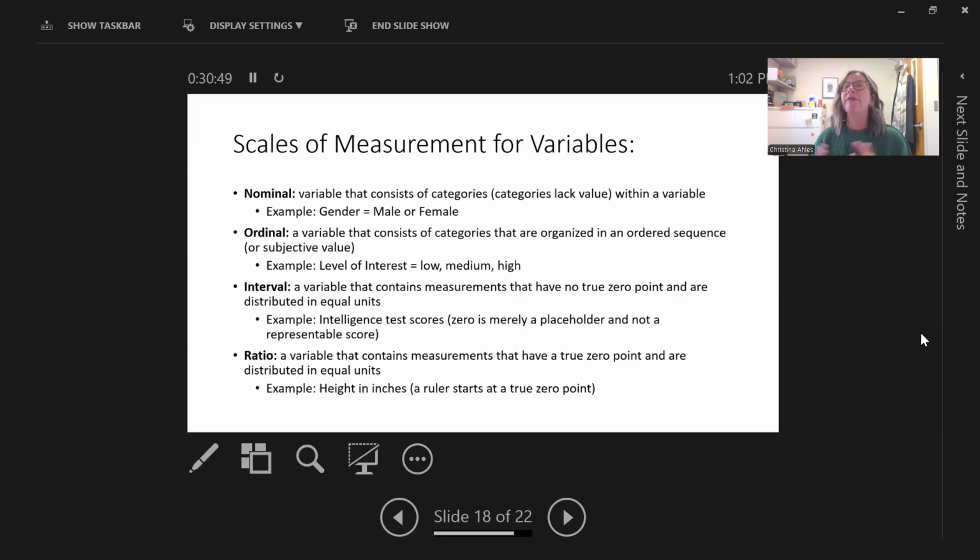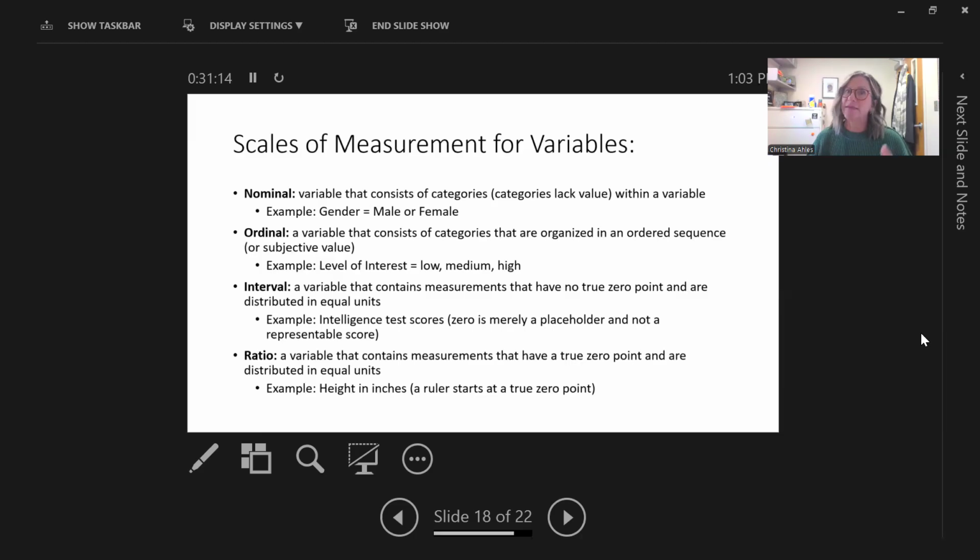They lack any value, even lacking an inferred value or a subjective value. So gender, male or female. You could say political party. That could be an example. It's just categories. So that's one scale of measurement.